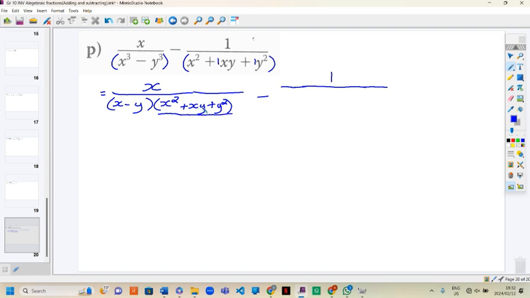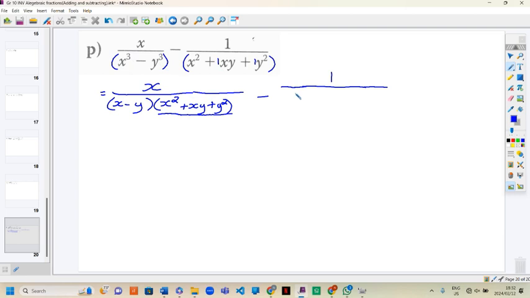Most of the time, 8 times out of 10, this won't factorize.